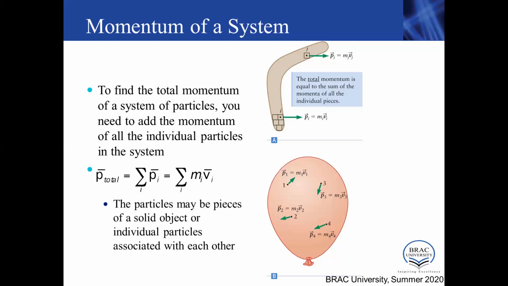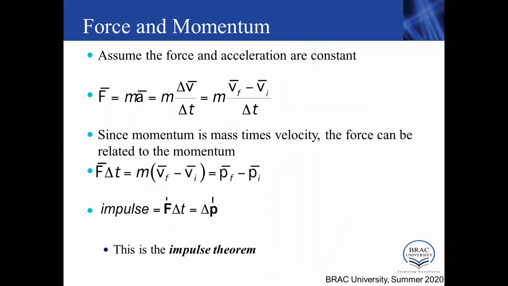So the momentum of object 1 is p1 equal to m1 v1, p2 is m2 v2, p3 is m3 v3, and p4 is m4 v4. The particles may be pieces of a solid object or individual particles associated with each other. But the total momentum is always the sum of the individual momenta.